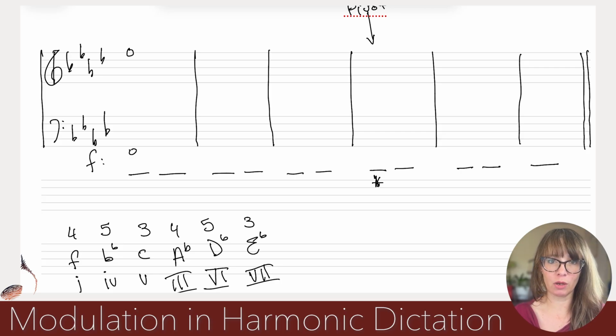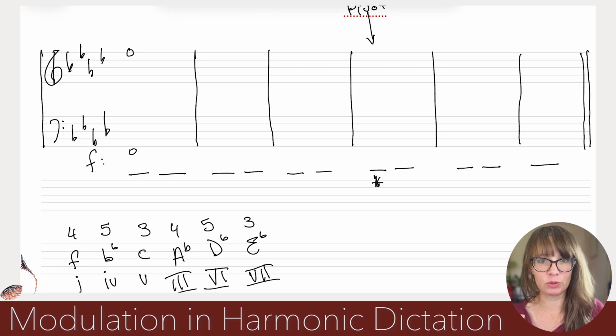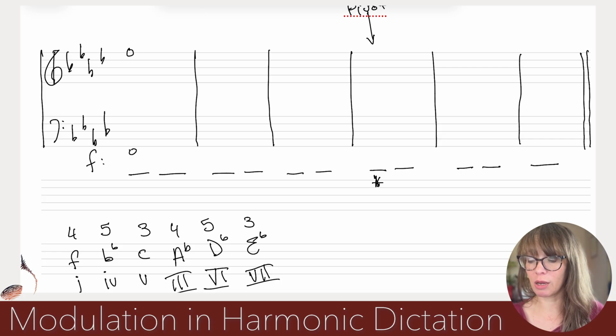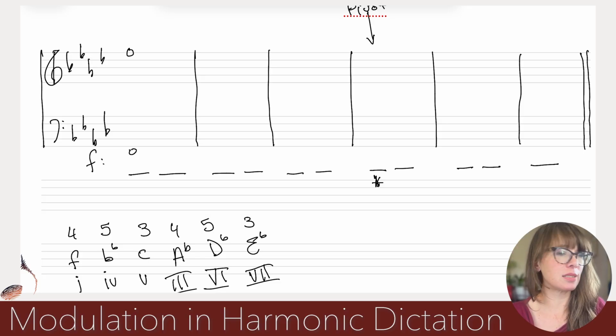We have chromatic chords, so there's probably going to be an applied chord, there might be a German, there could be a Neapolitan, all that good stuff can be in here. If we go to a major key, it could then use mode mixture. Let's see where we're going with this. All right, so let's give it a go.